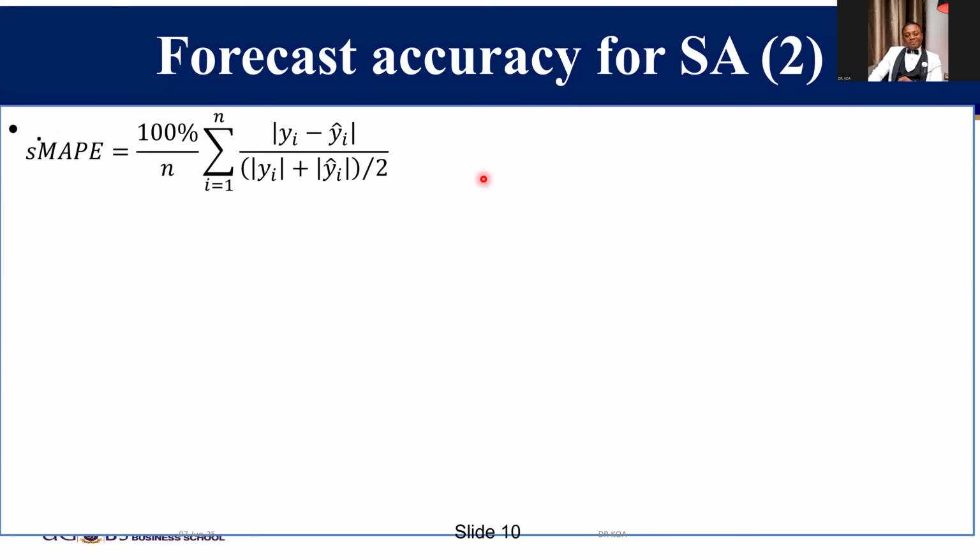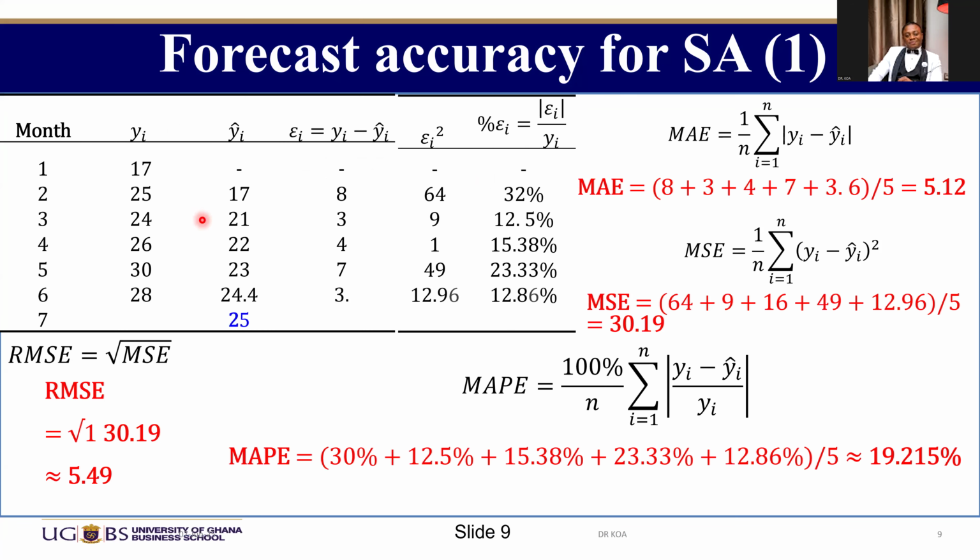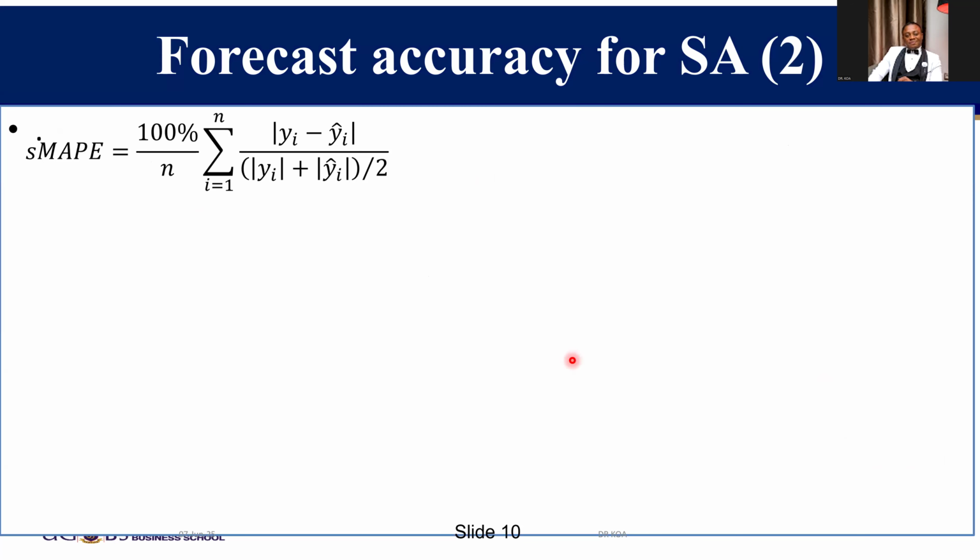If you do that correctly, I'm just jumping this because there are some things I want to show you, you're going to get that value of 19.215. That was the MAPE. Then you can now do the similar one for the sMAPE. Again, I told you how you calculate it. It's the average of the error divided by the forecast.